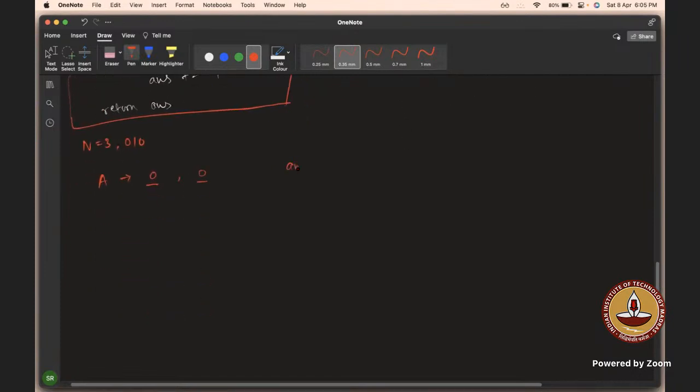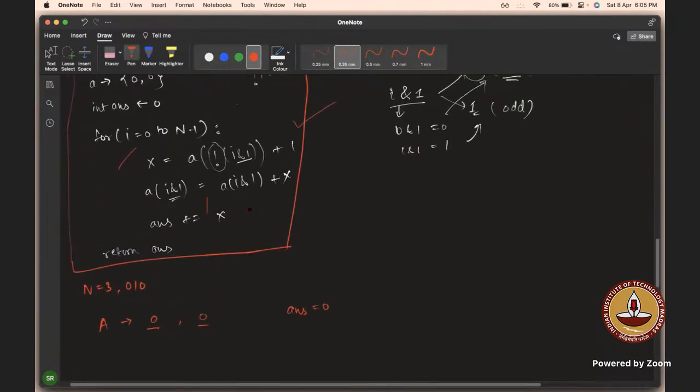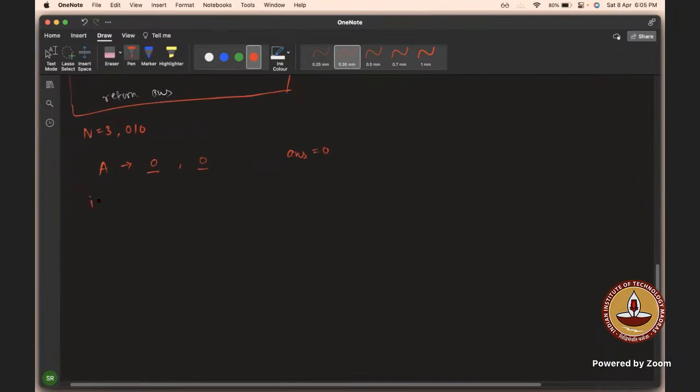And we initialize our answer equal to 0. Now, let's start. i equals 0. We are looking at this position. So for i equals 0, we should get 1, right? Because 0 is only possible, right? So for i equals 0, what happens?